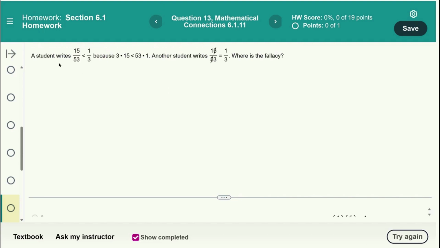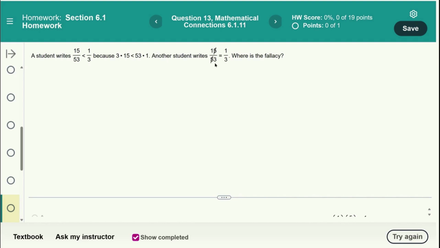All right, so here we have one student that writes 15 over 53 is less than 1/3 because 3 times 15 is less than 53 times 1. So, of course, as we know from the lecture, this student is correct. Another student writes, hey, 15 over 53, we can cancel out the 5, so it's 1/3. So what's the problem here?